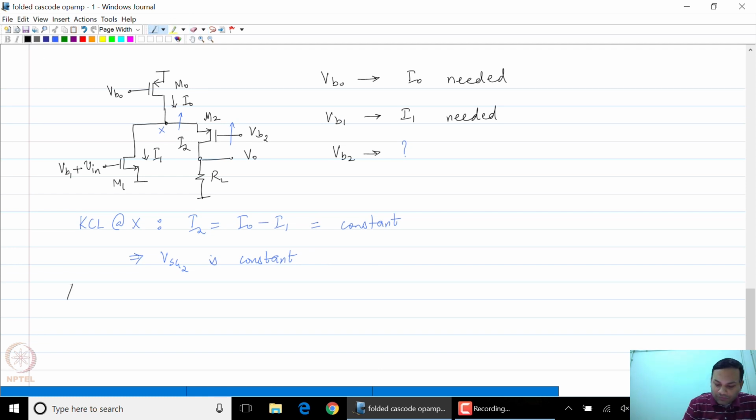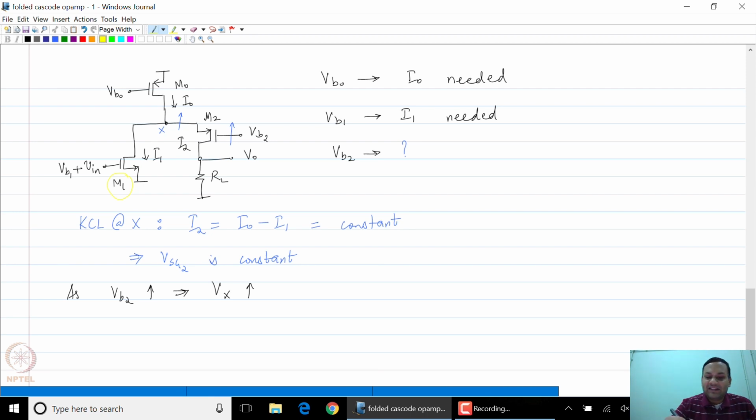So as VB2 increases, Vx increases at the same rate. Please note that transistor M1 is moving further and further away from triode, so you are in no danger there. It has a constant current, so there is no problem with the bias point of M1.